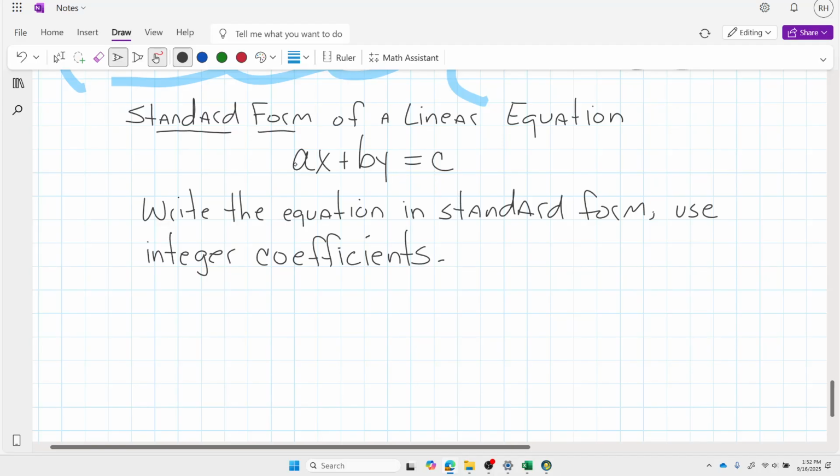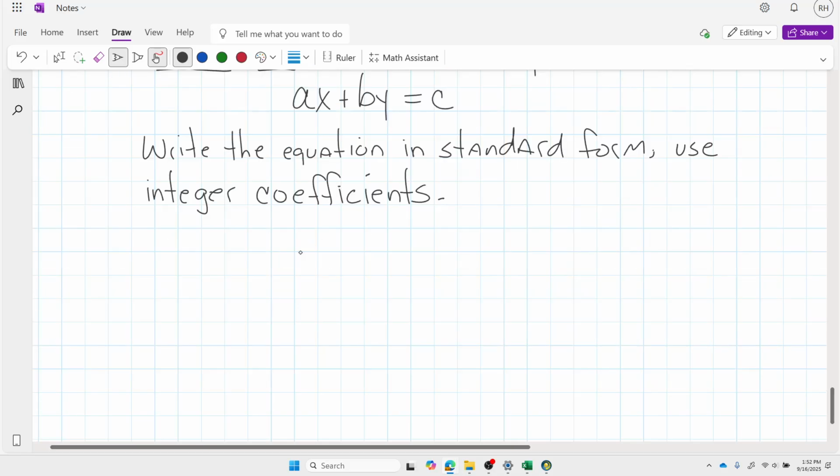That means the numbers in front of the x and the y have to be whole numbers, okay? The numbers in front of the x and the y have to be whole numbers.